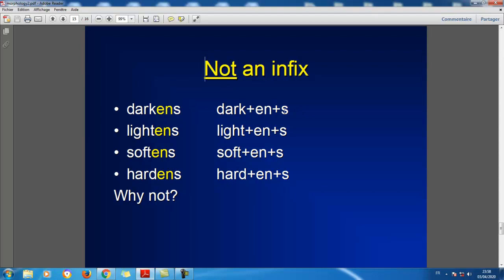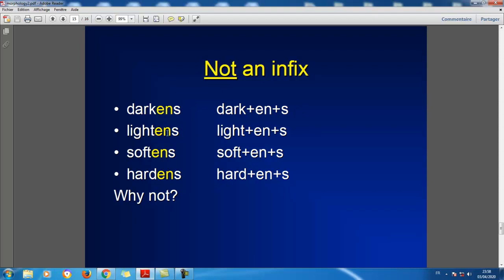And this s is not part of the root. He darkens or it darkens. So this s here has a grammatical meaning. It shows the present tense and the third person singular. Darkens. Lightens.